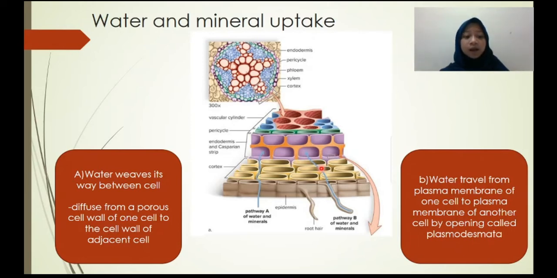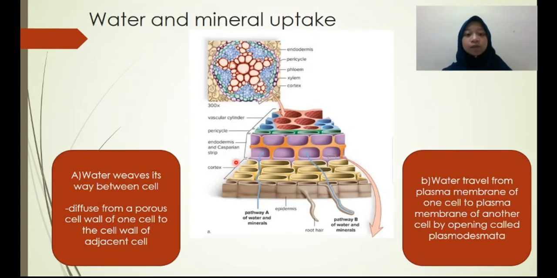Actually, it occurs because of osmotic pressure, where the water surrounding the root is higher than the water inside the root. Then the water will move inside the root using osmosis, and this will cause osmotic pressure.